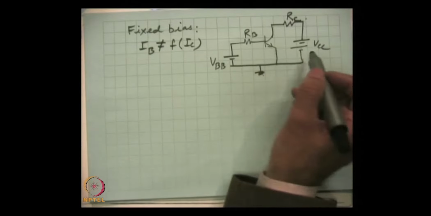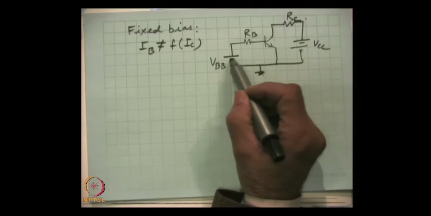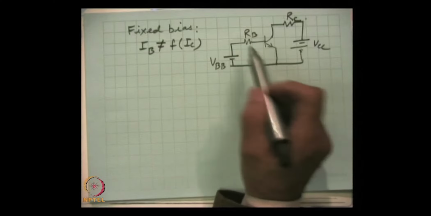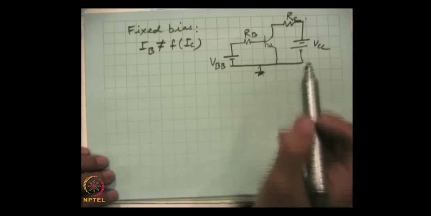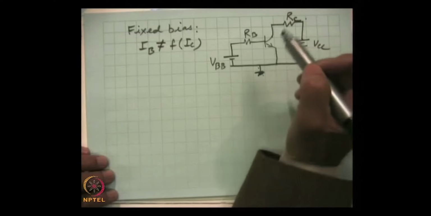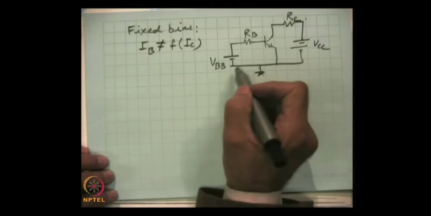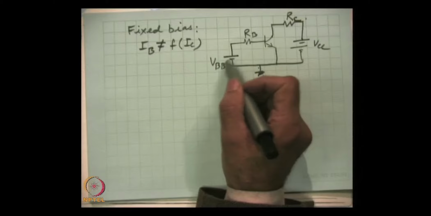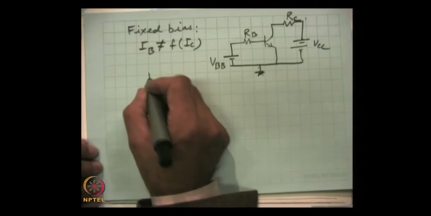Here the negative terminal of both the batteries is grounded, and this is connected to the base resistance. Similarly, the positive is connected to the collector resistance. So, assuming that the other terminal of the battery is grounded, this circuit can be drawn like this.